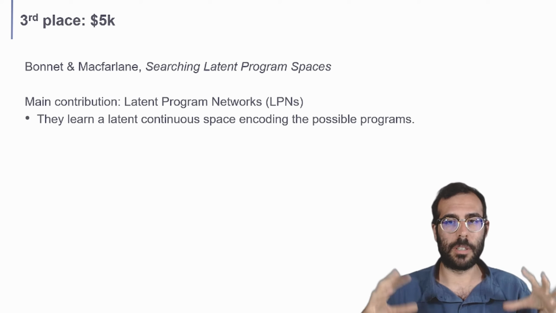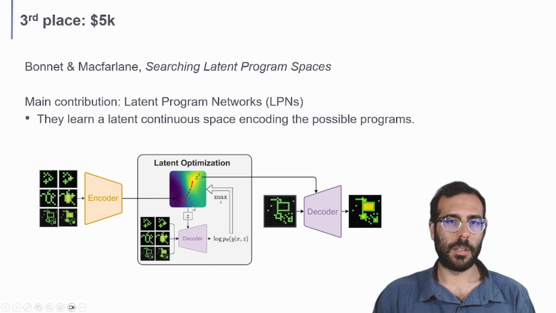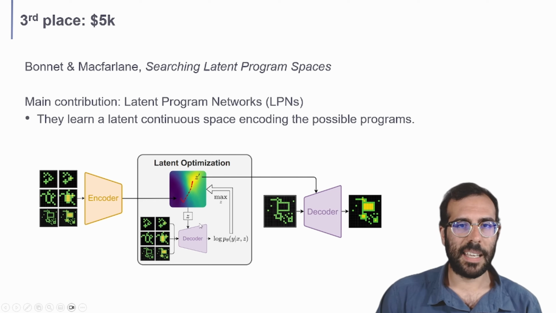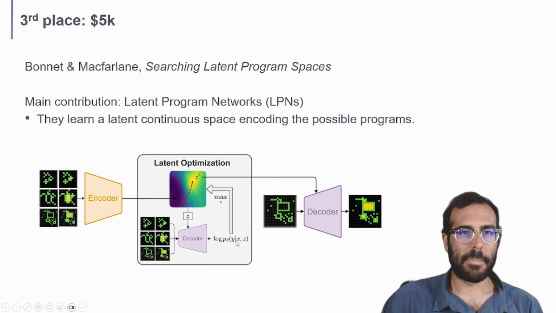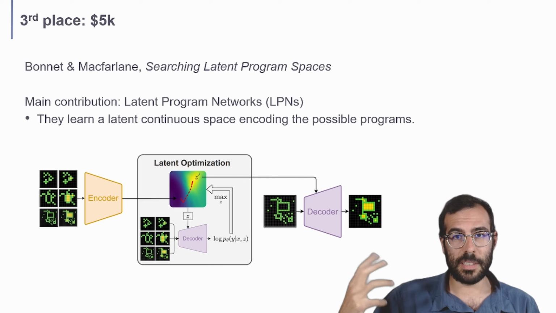So they have the task, then they encode the task into this space of latent programs where each point on the space represents a program. And then they can take the tasks and decode them into a solution. And then they can move around this space until they get to a point, given the decoder, where the decoded grid is what you want it to be.